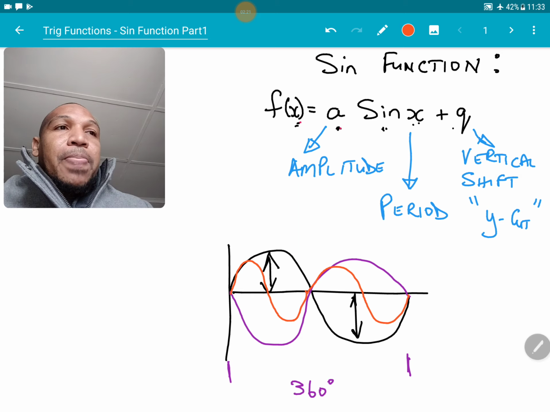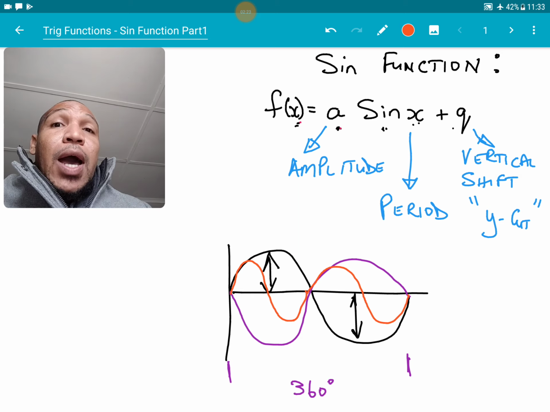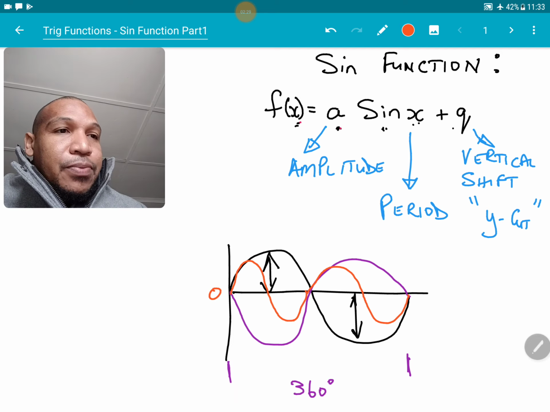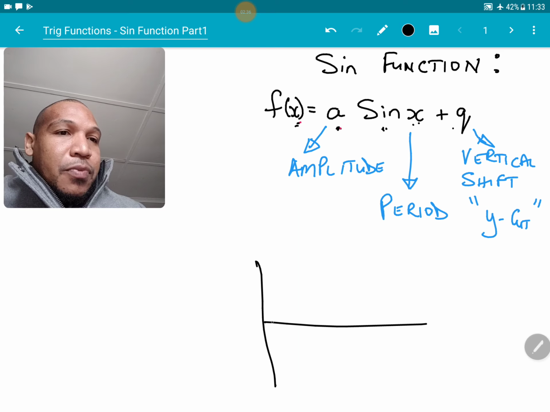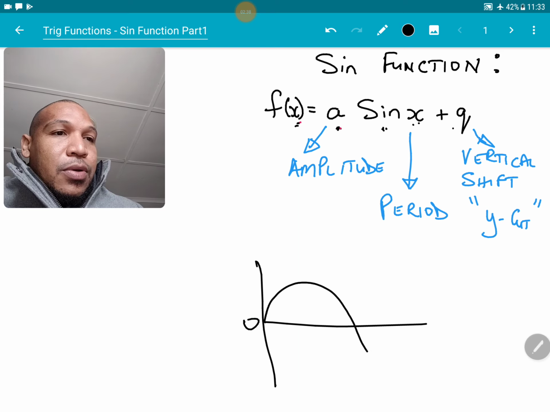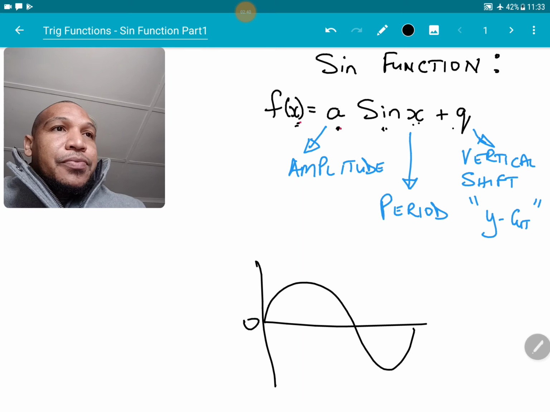And then q, that will just tell us where our graph will start. If it is 0 or there's nothing there, then it will start at 0. Let me just get another sketch going here. If it is 0, we will start there.